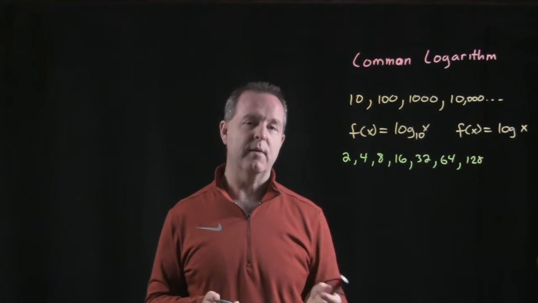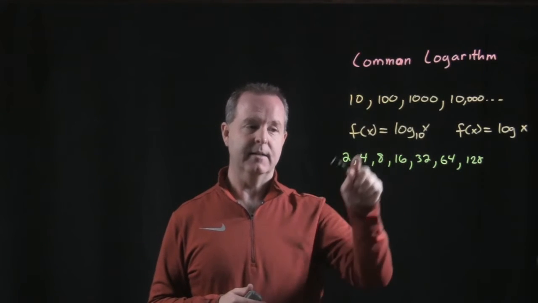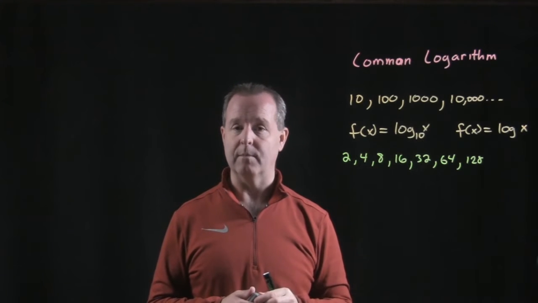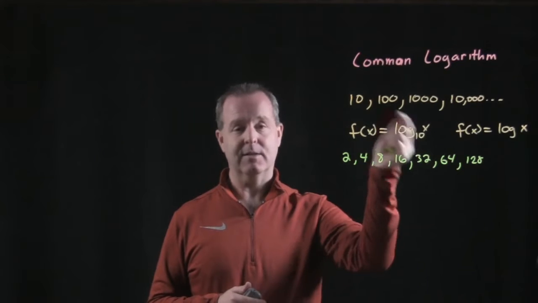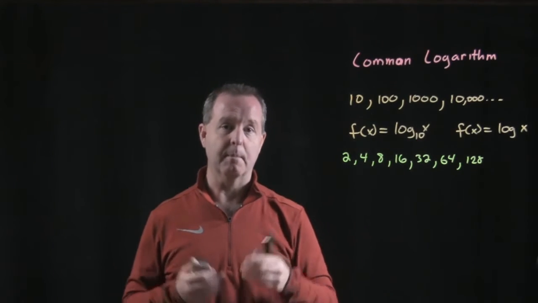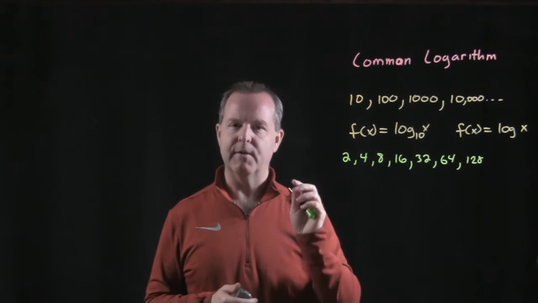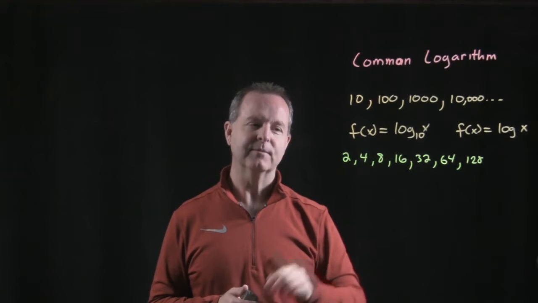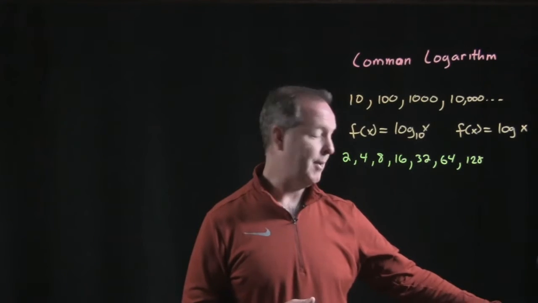Well, that's a logarithm with a different base. That's with the base 2. This is base 10. Each of these numbers in base 2 is twice as large as the one before. So that's why bases are important, but there's only one that's common, and that's the one in base 10. Although base 2 is probably catching on because a lot of our computer science is based in base 2.